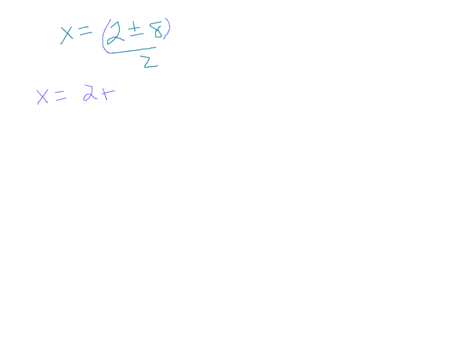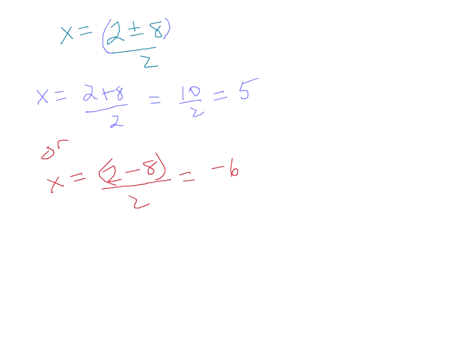So this means that x equals 2 plus 8 over 2, which is 10 over 2, which is our answer of 5. We knew that. We're not surprised by this. Or x equals 2 minus 8, again implied to be in brackets. So that's negative 6 over 2, which is negative 3. So the two x-intercepts here, as we know, are (5, 0) or (negative 3, 0).